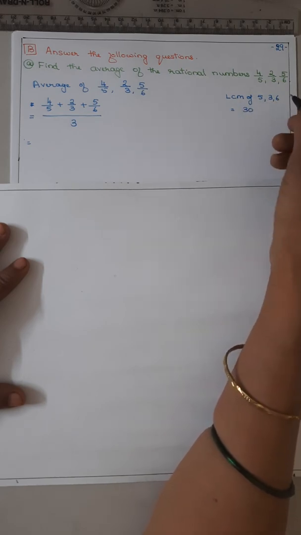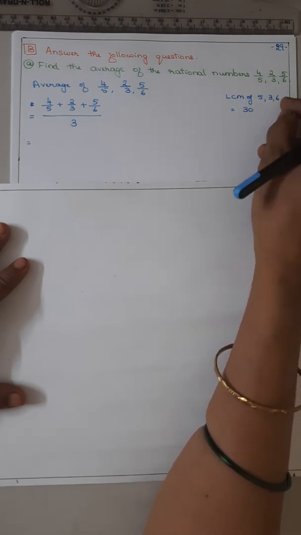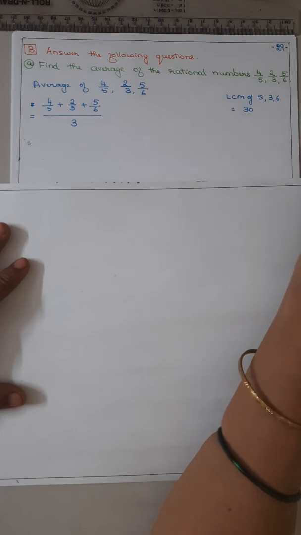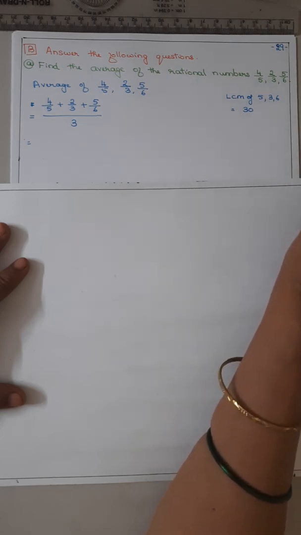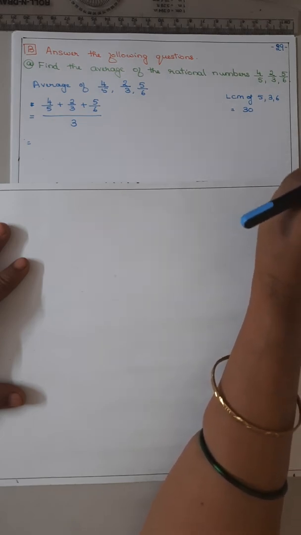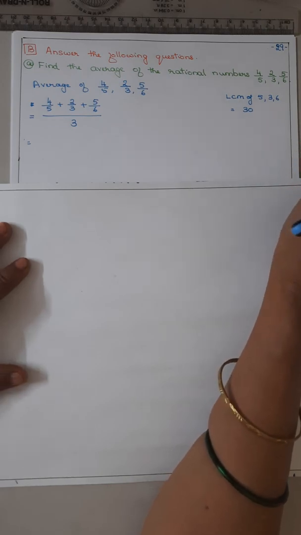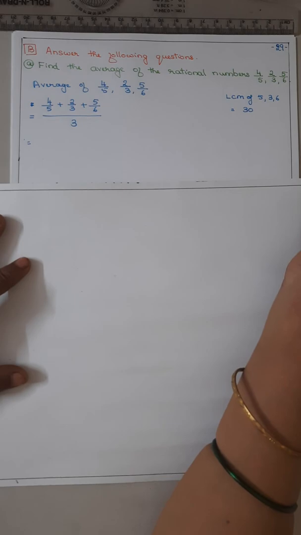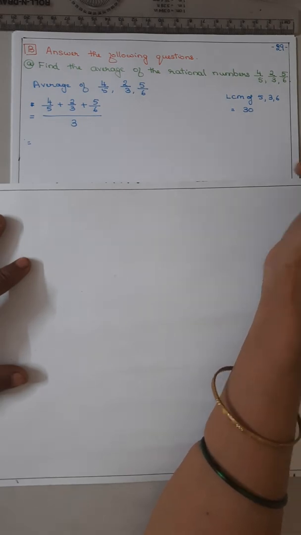So any multiple of the greatest number should also be a multiple of the other two numbers. Then it is the LCM. To find out the LCM directly, this is the method. Otherwise you have to do the common division method.